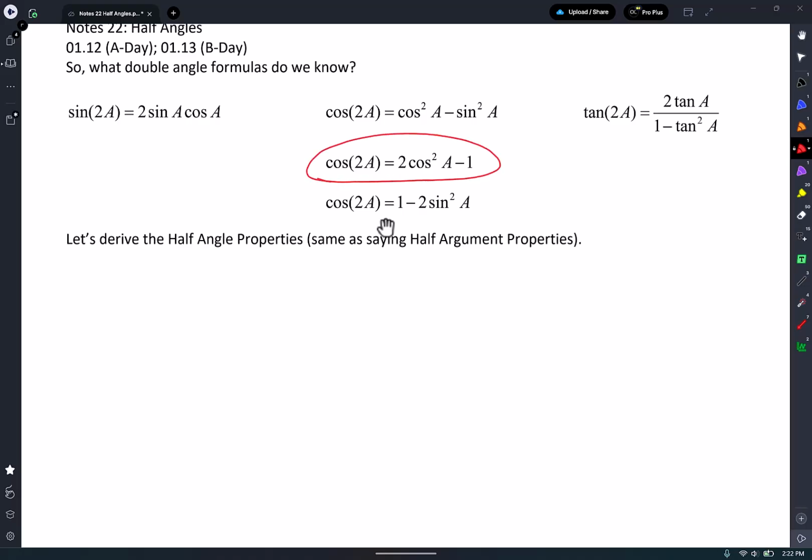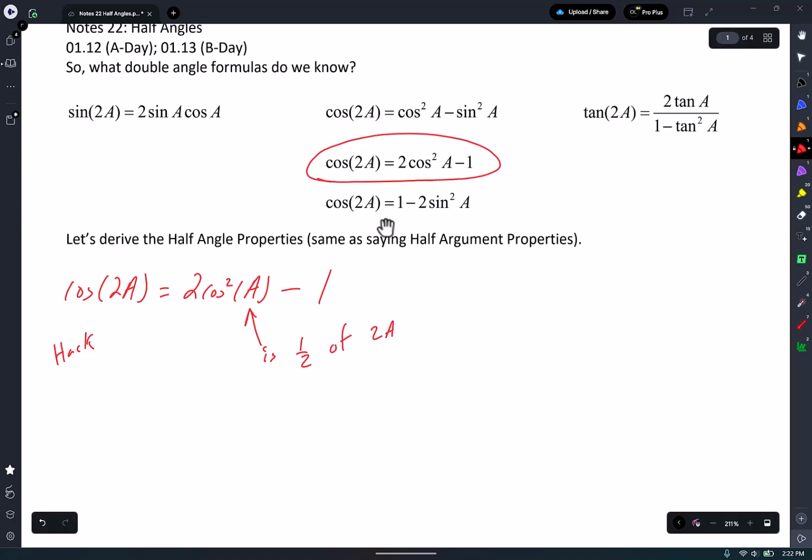So I'm going to write cosine of 2A equals 2 cosine squared of angle A minus 1. And we're going to do a hack. Do you agree that angle A is half of 2A?